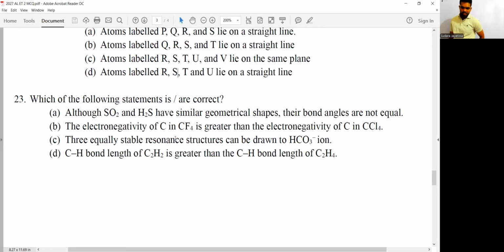Although SO2 and H2S have similar geometrical shapes, their bond angles are not equal.